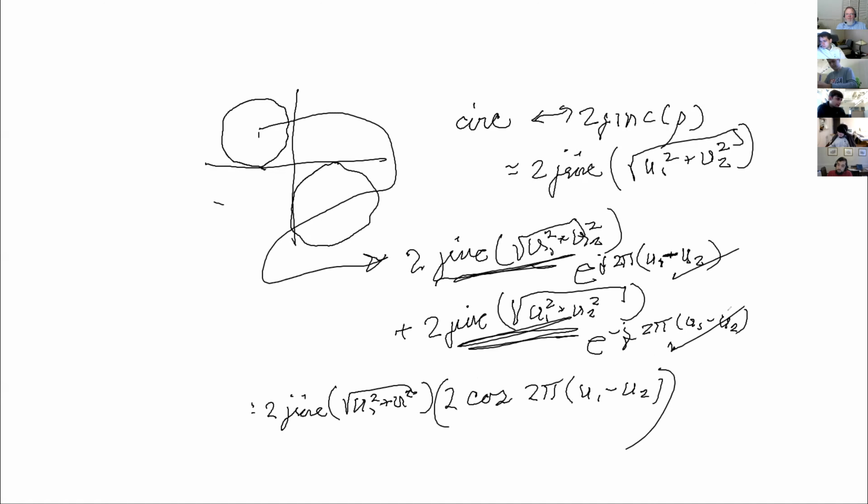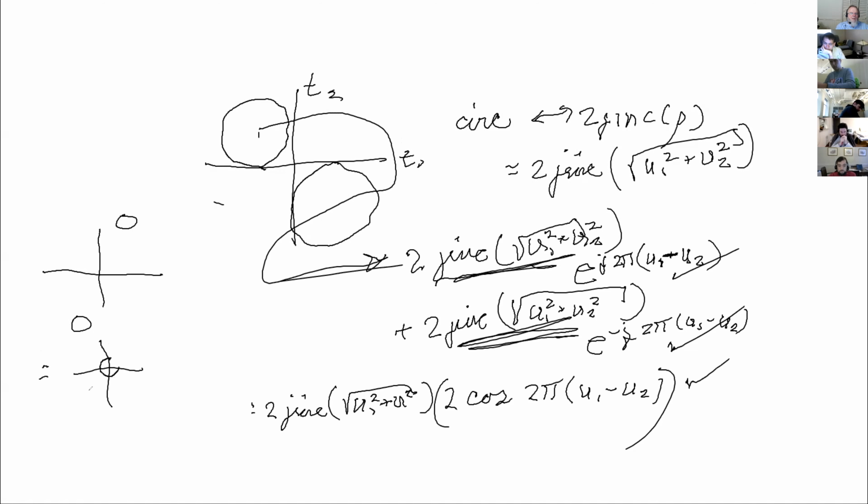So you got it up to this point, but didn't recognize the simplification that could occur here, which is very interesting. So anytime you see a function in T1, T2, and you see something up here and you see something down here, there's a cosine. Because what is this equal to? Isn't that equal to this? Convolved with a couple of deltas, one up here and one down here, right?